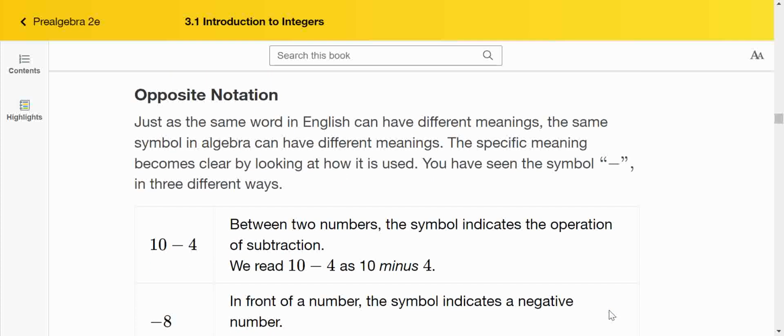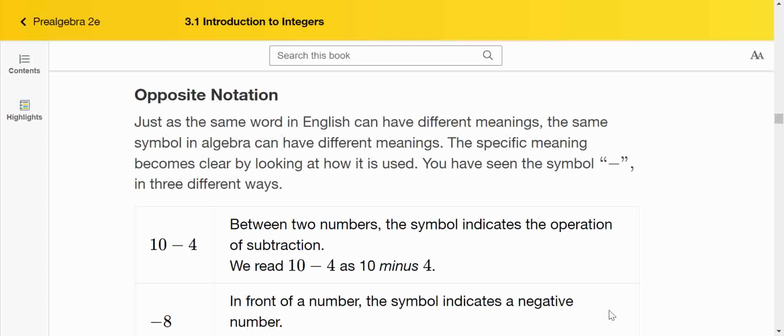Opposite notation. Just as the same word in English can have different meanings, the same symbol in algebra can have different meanings. The specific meaning becomes clear by looking at how it is used.